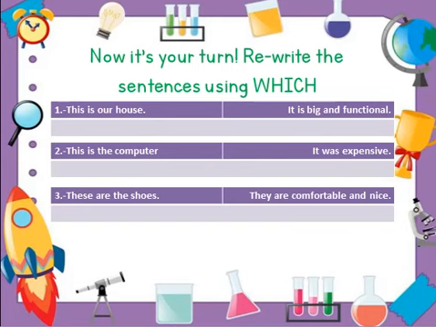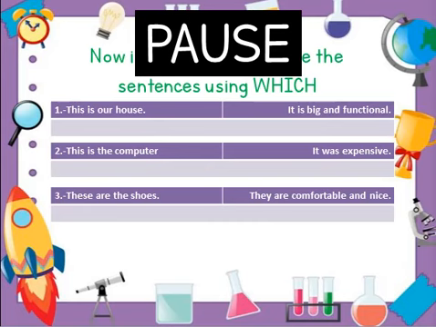And the number 3, these are the shoes. They are comfortable and nice. So please, in your classwork, rewrite the sentences using which. Remember, you can pause the video and when you finish, you come back and we will check together the answers.